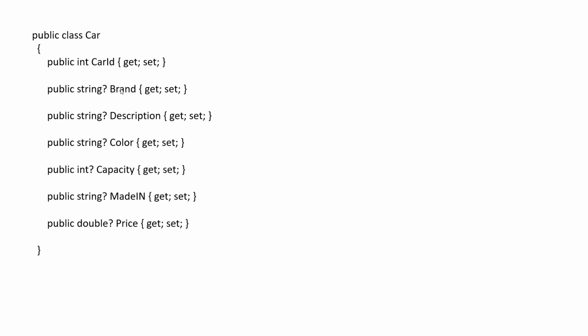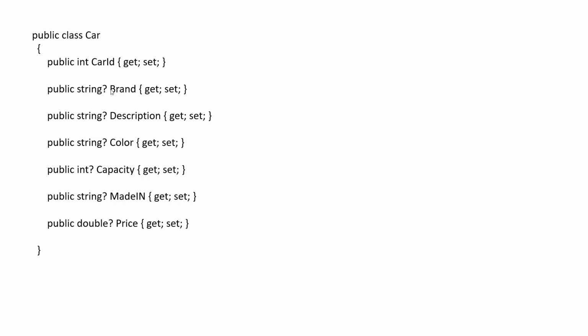So if somebody tries to call my API and just gives it the car ID and the rest, but the data for brand was not there, then I need to check and say, no. This model is not valid.